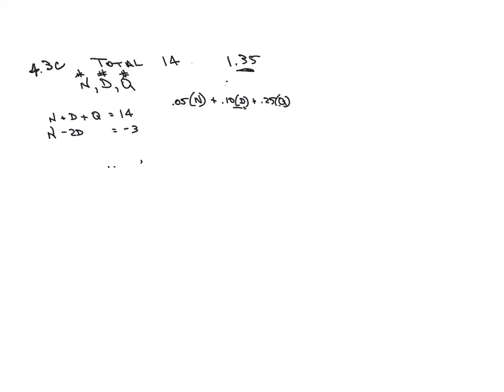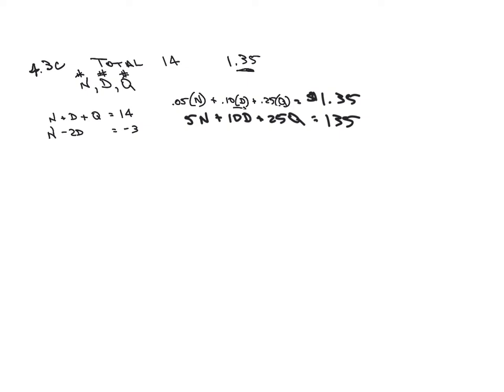So let's move this over, make it a little smaller. Okay, and that equals 1.35. All right, so let's change the decimals so that we're not dealing with those. So let's do 5n plus 10d plus 25q equals 135. We just moved all the decimals over so that we're not dealing with decimals there.